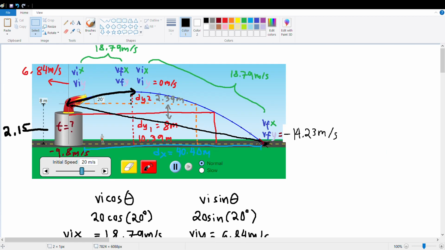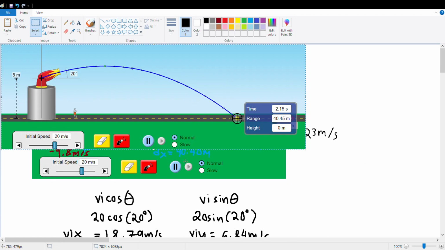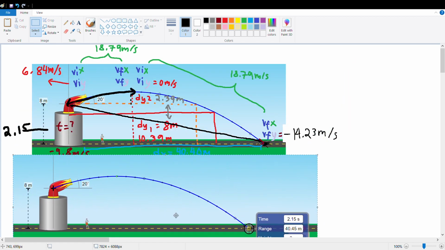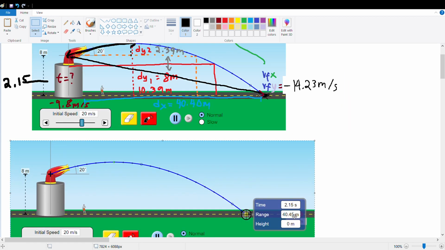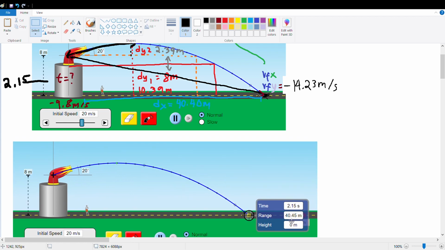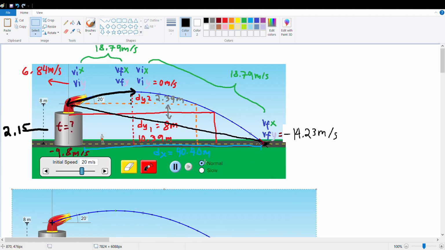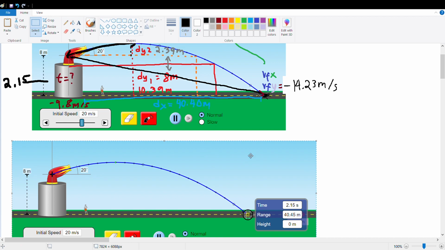So if you want to check if our calculations were right, as you can see, it is roughly the same as what I just did. So 2.15 is the time, 4.45 meters is the range, which is the dx, but ours is pretty close. There's just some problems with the rounding up.